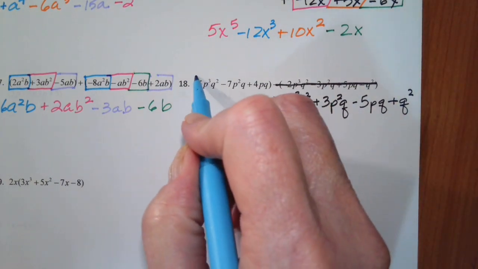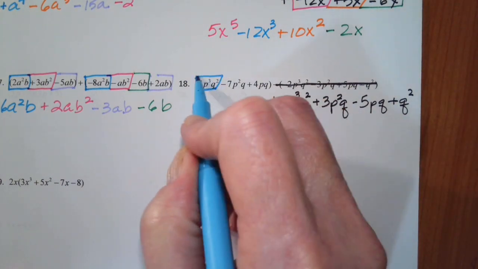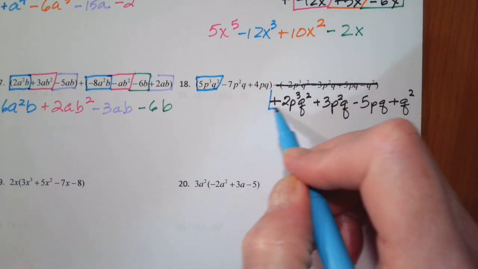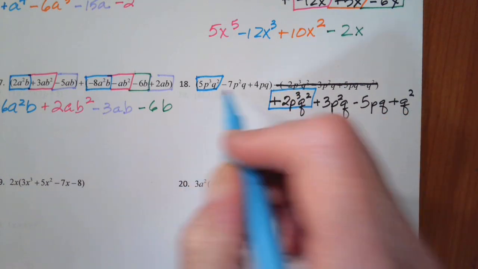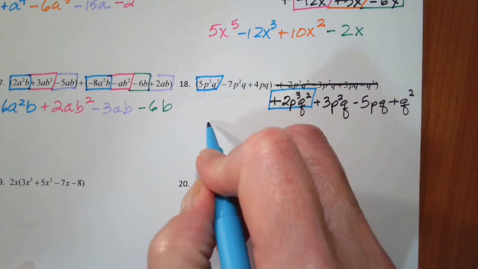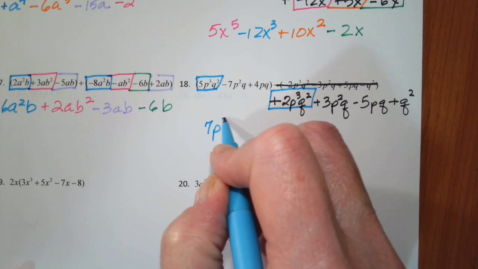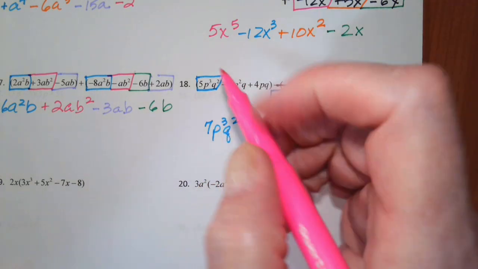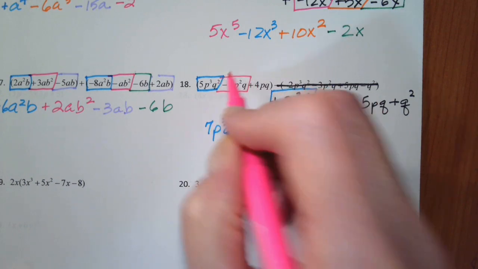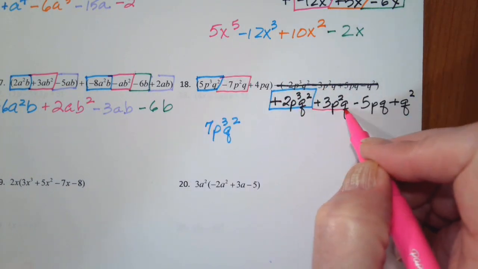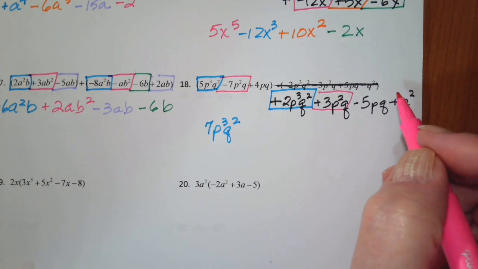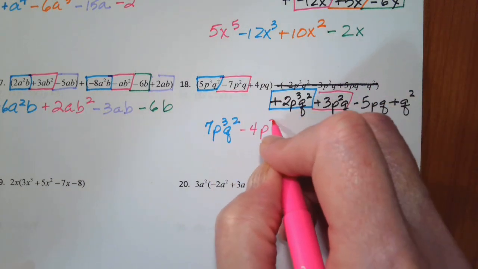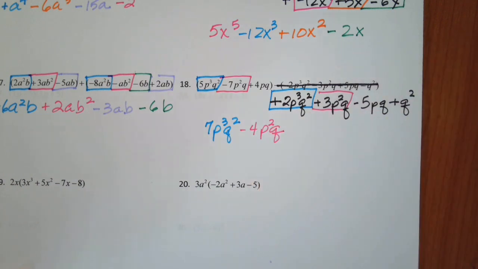Okay, so let's start with the p to the third, q to the second. Here we go. So 5 plus 2 gives me 7, p to the third, q to the second. P to the second q, p to the second q. Negative 7 plus 3 gives me negative 4, p to the second q.